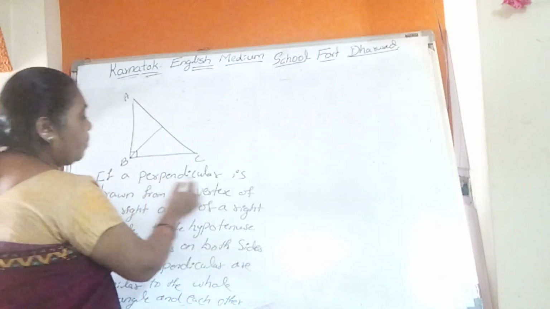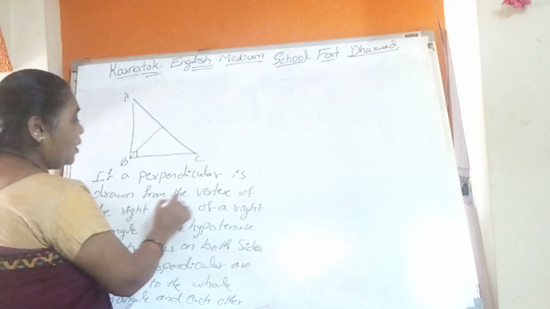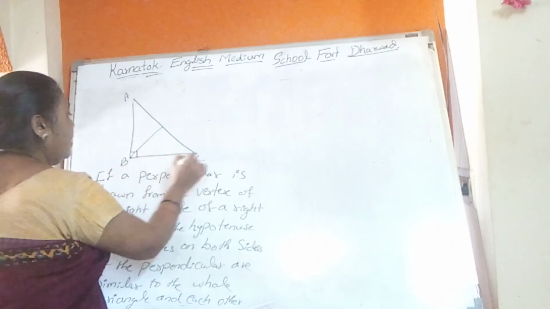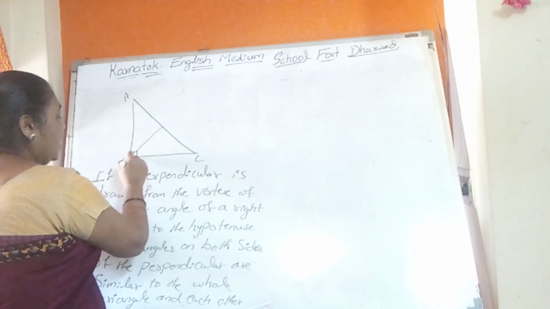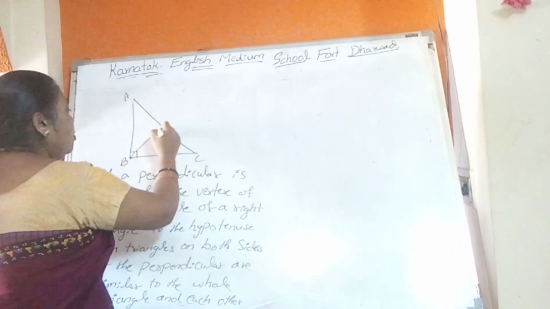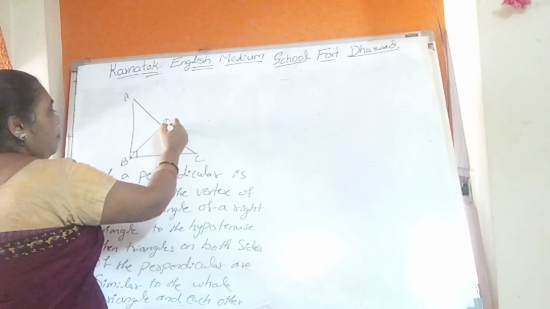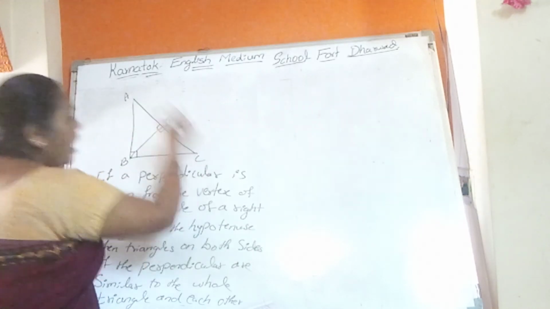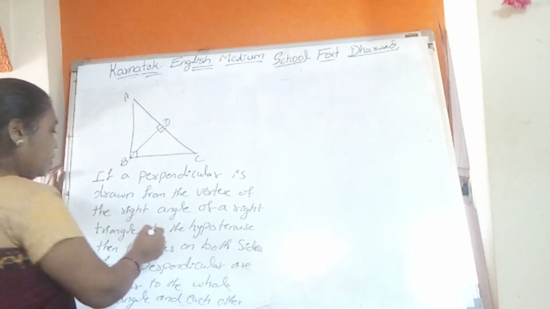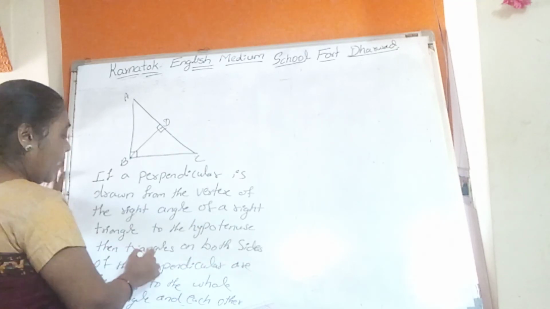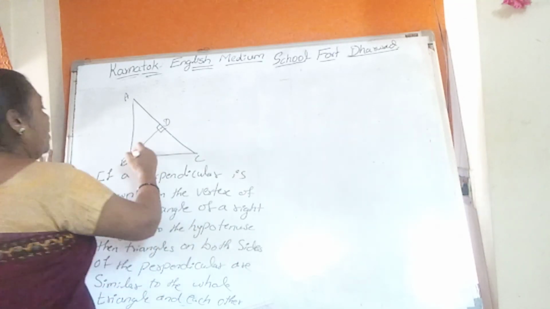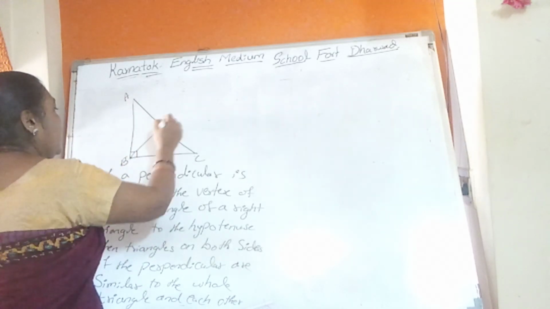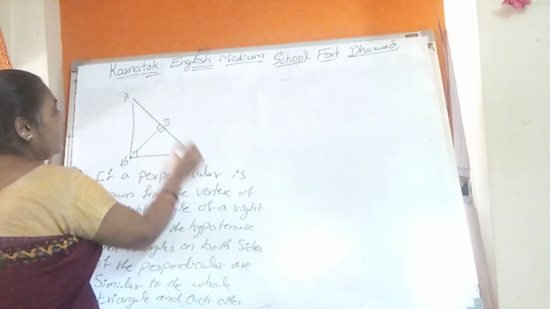So this is the vertex of the right angle, and you draw one perpendicular from the vertex to the hypotenuse. Then the triangles on both sides of the perpendicular are the triangles ABD and BDC, two triangles.